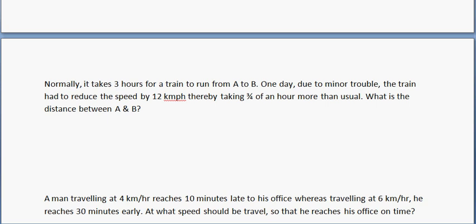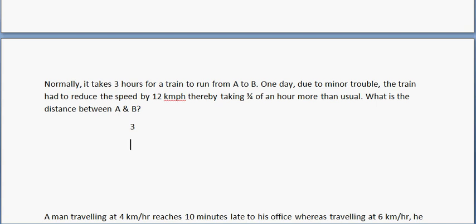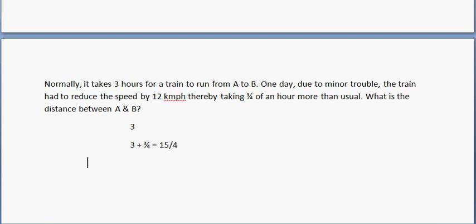So before the train developed the fault, it took 3 hours. Now it is taking how much? 3 plus 3/4, which is equal to 15 by 4 hours, right? If the initial speed was s, the final speed would be s minus 12, because it decreased. They would be equal to what? 15 by 4, this is t2, divided by t1, which is 3, right?